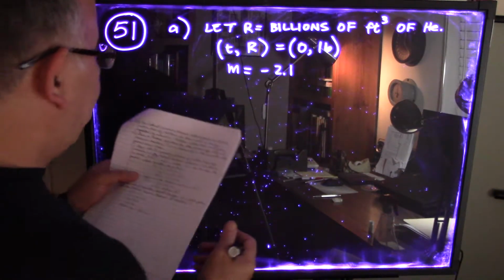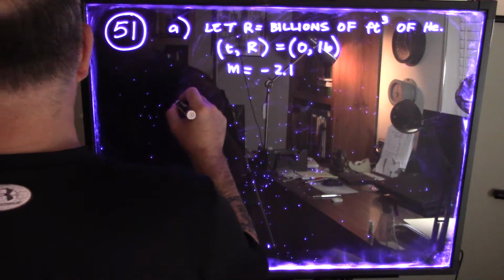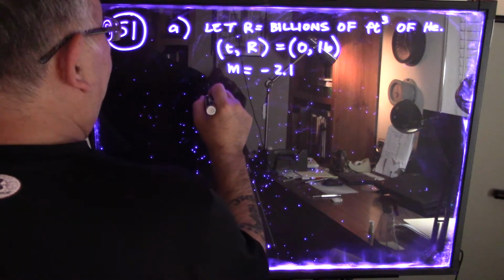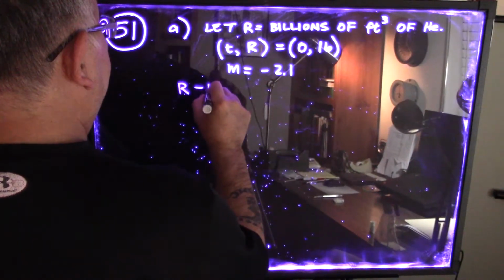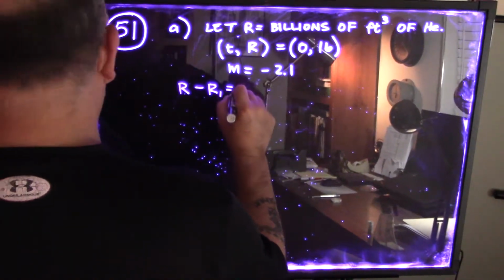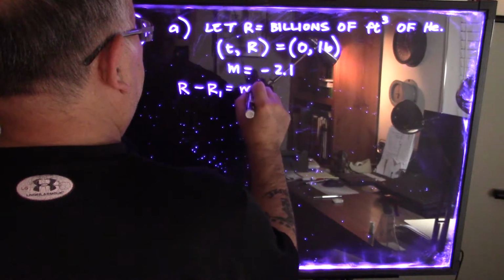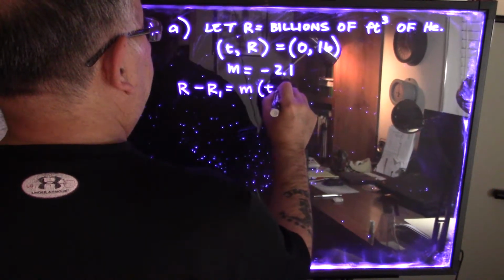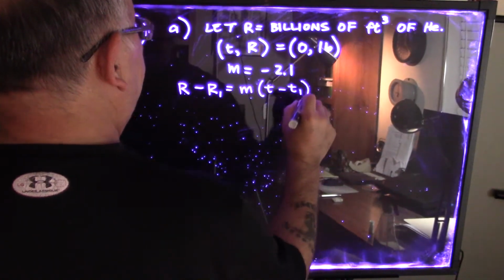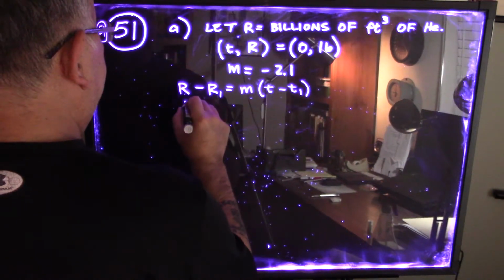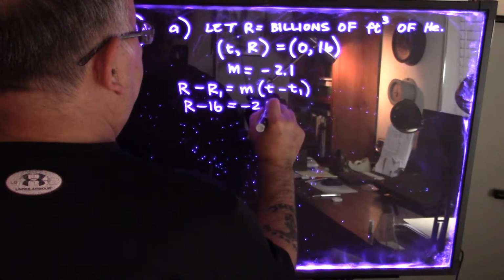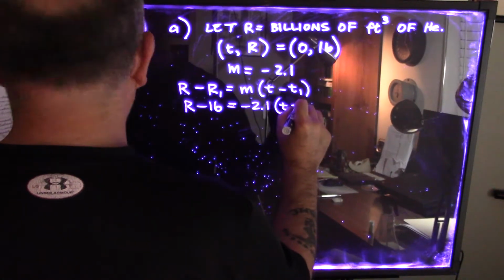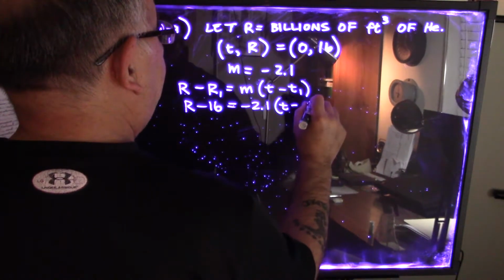So we use the point slope equation for a line. We've got a point and a slope. So the point slope equation, r minus r1 equals m times the quantity t minus t1. So we've got r minus 16 equals negative 2.1 times the quantity t minus 0.